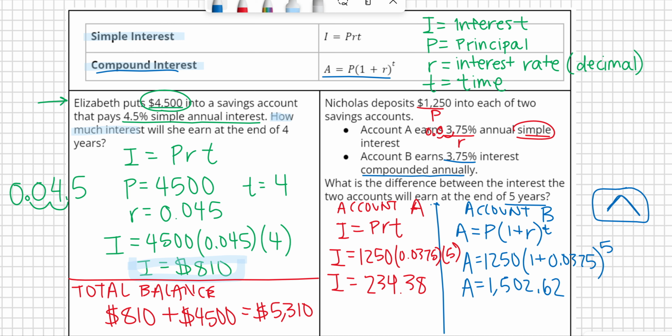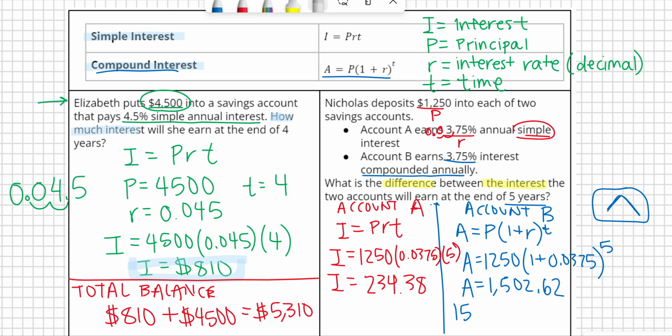But remember, we calculated the total account balance, and the problem is asking us for the difference between the interest that the 2 accounts earn. So I want to compare interest, not the total account balance.